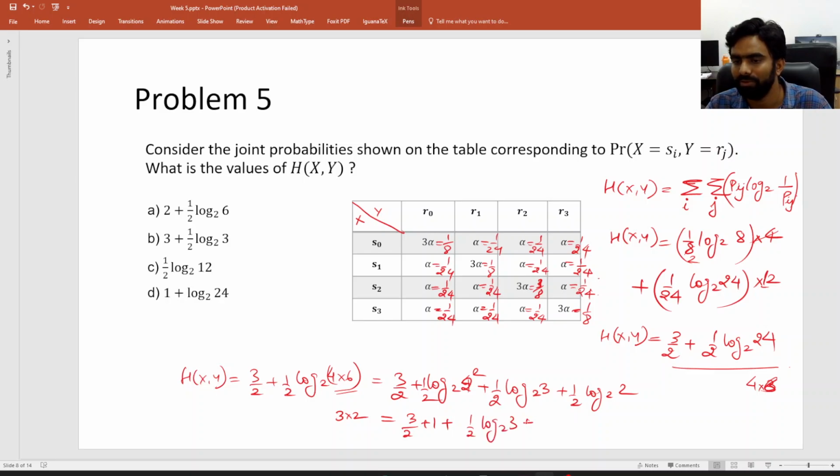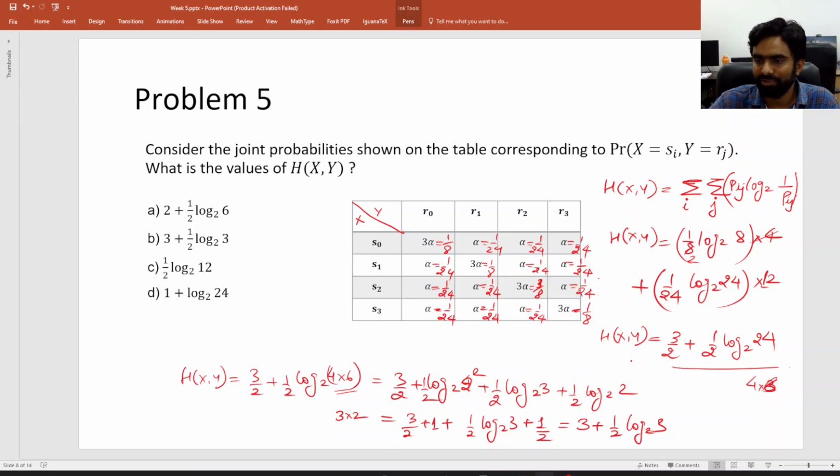So here it should be 1 half. Clear? So half of 3 by 2 is 2, 2 plus 1, 3, so 3 plus half log base 2 of 3.